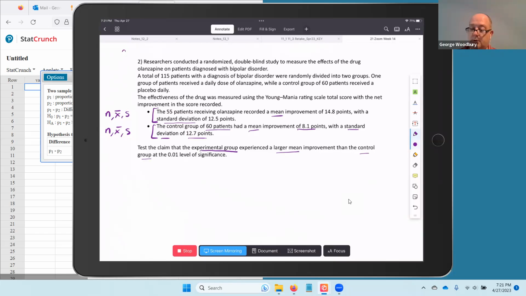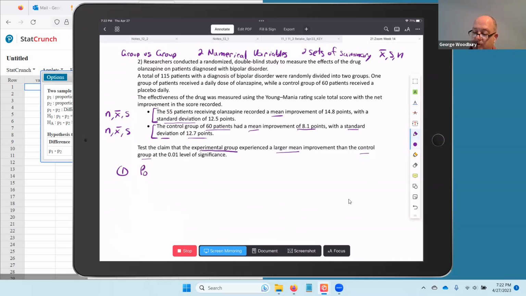So it's group versus group, two numerical variables, and two sets of summary. Mean, standard deviation, size. So everything here says two mean with summary. The one with summary is a little easier to do because there are fewer conditions to check.